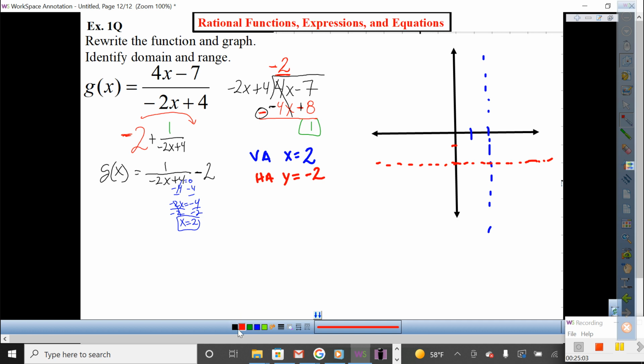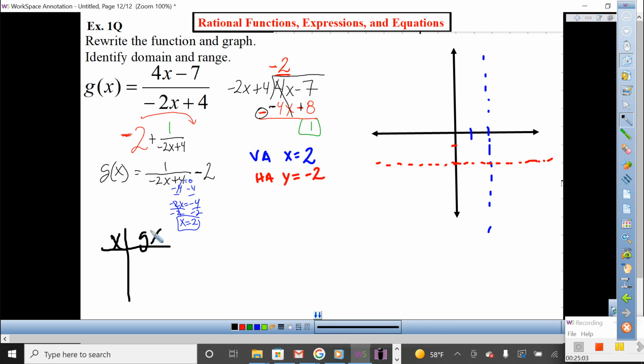All right. So now we just need our table. We got x and g of x. What two values do I use for my x? Tell your neighbor, please. What two values do we use for x? Yeah, so right away you go to your vertical asymptote. That was 2. That means we're going to use one from the left and one from the right. So that is 1 and 3.